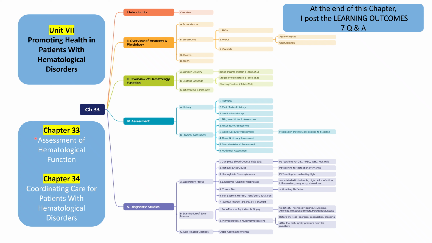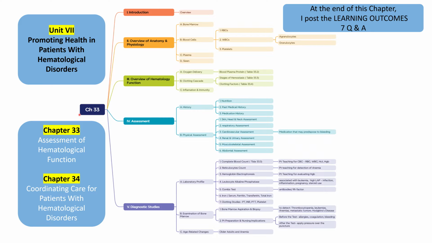So it's assessment, and each unit they talk either about blood or other functions, and then they have coordinating care for patients with whatever that chapter is. So in this unit it's about blood, so we have assessment, and then the next chapter will be coordinating care.